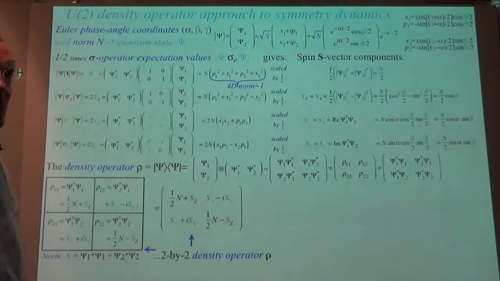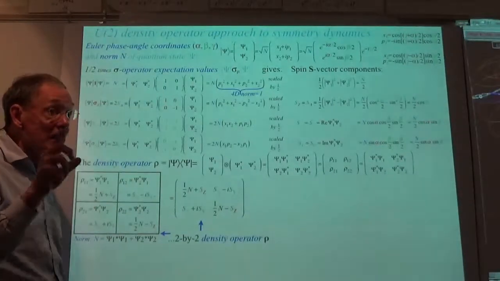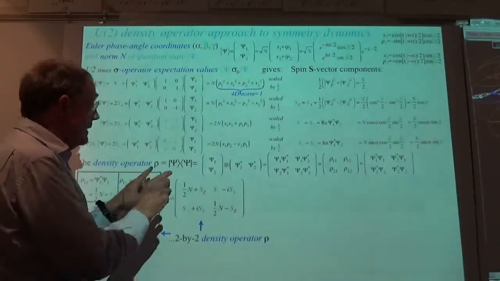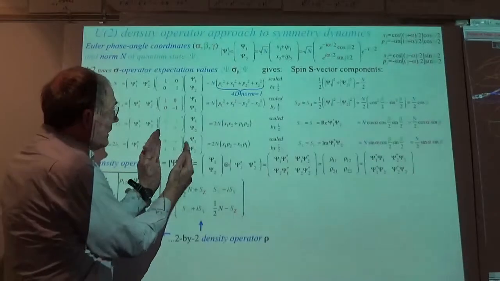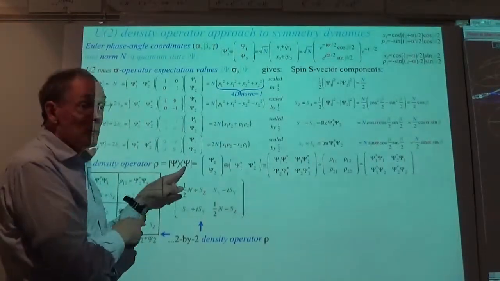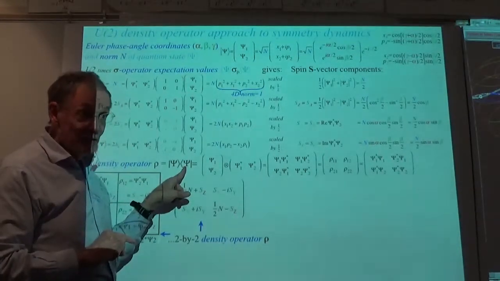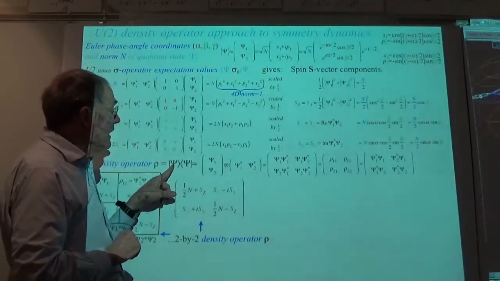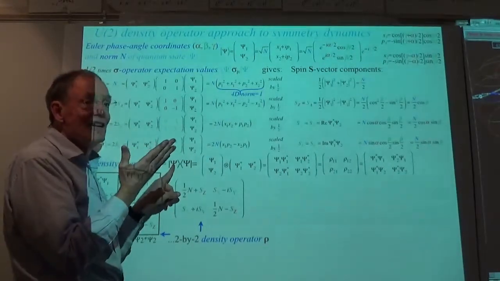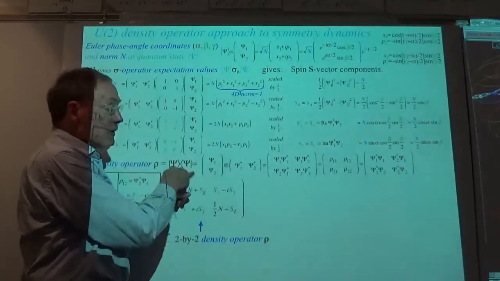Why don't we have the phase there? Because whenever I take a ket that has a phase and turn it into a bra, I conjugate that phase. So what was e to the i f has a factor e to the minus i f here. Gone.